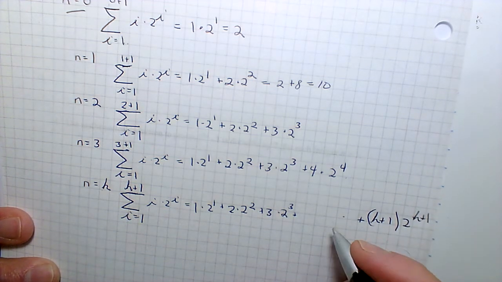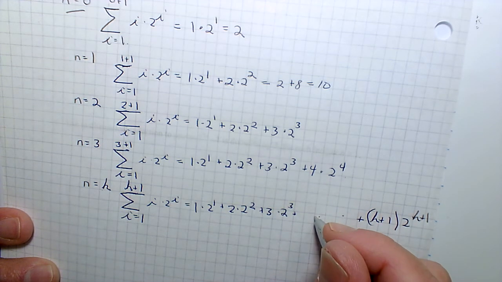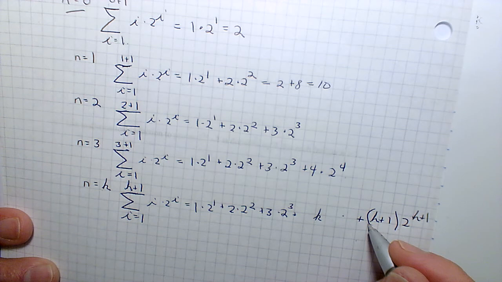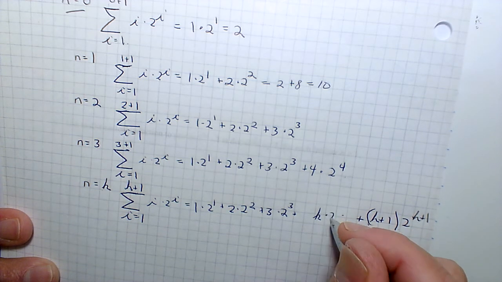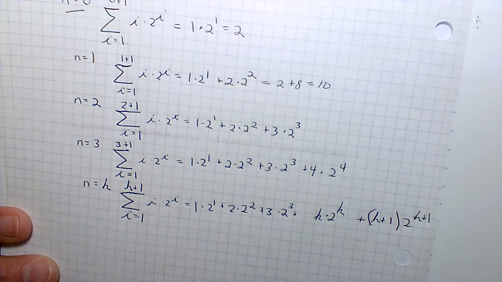Now, just as an aside, you might want to think for a second about what the term before that would look like. The term before that is going to have the coefficient being 1 less and the exponent being 1 less. So being able to expand this for n is equal to k is really useful.